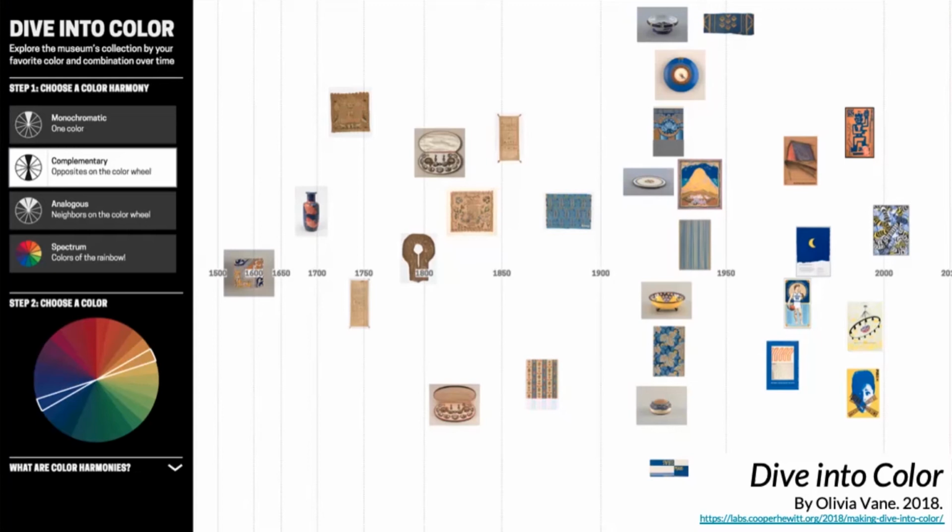And it might suggest that there is something interesting happening in the early 20th century. We can see that there's a whole column of results of very vibrant blue and yellow.